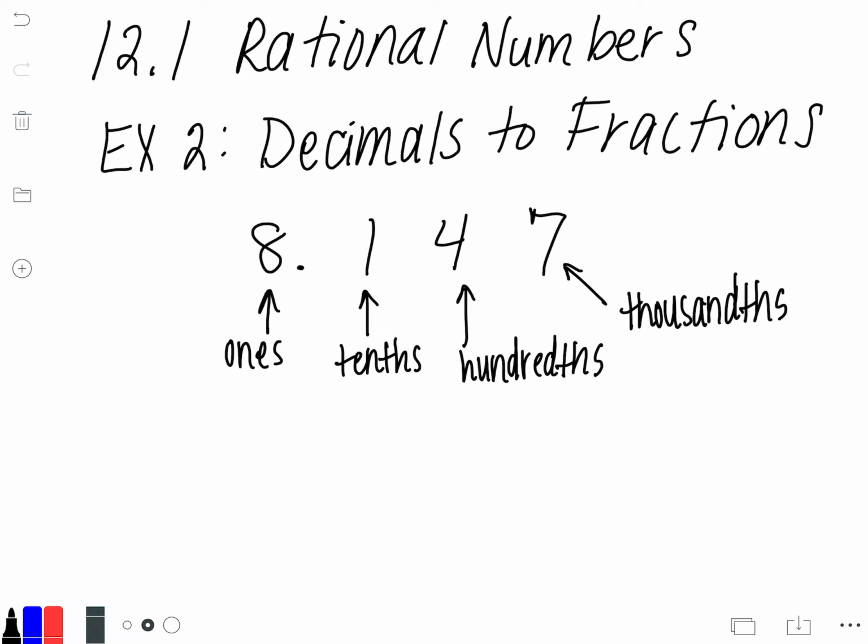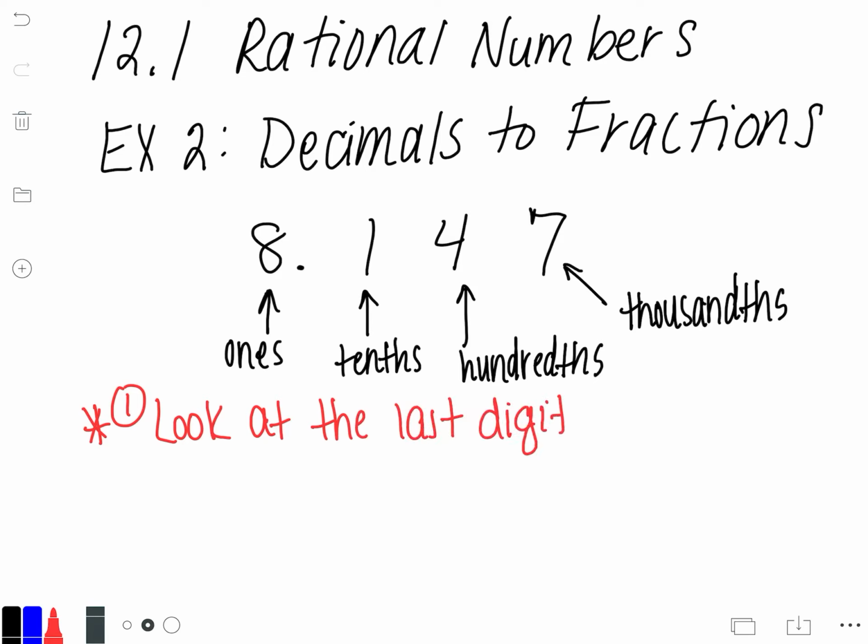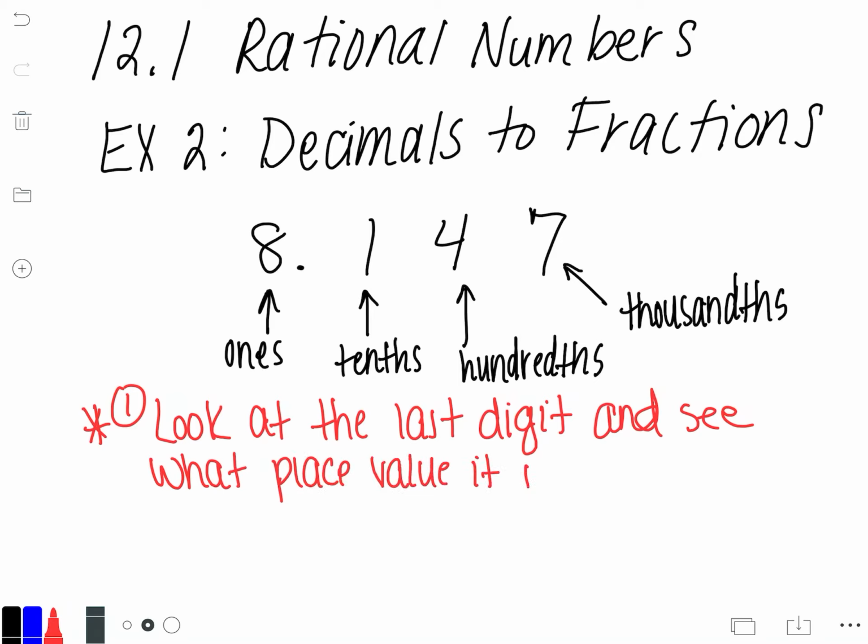So that's very important when you have to convert a decimal to a fraction, because you have to know which place value the last digit is in. And I would actually write that down because that's very important. So step 1 is to look at the last digit and see what place value it is in.